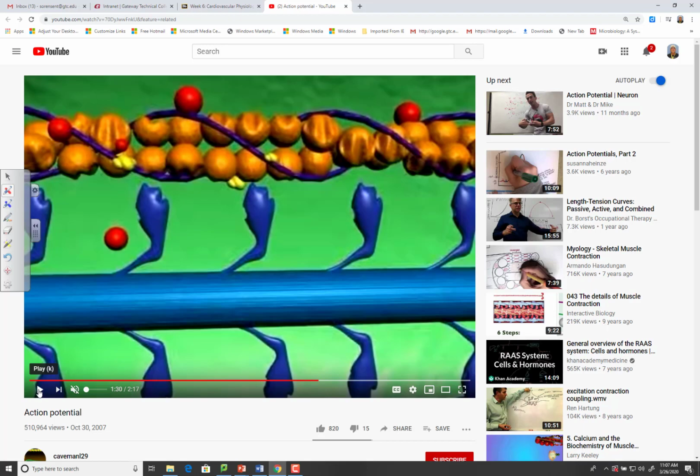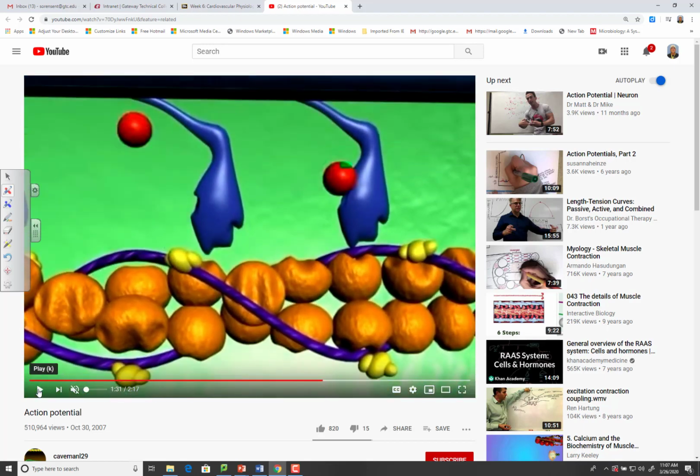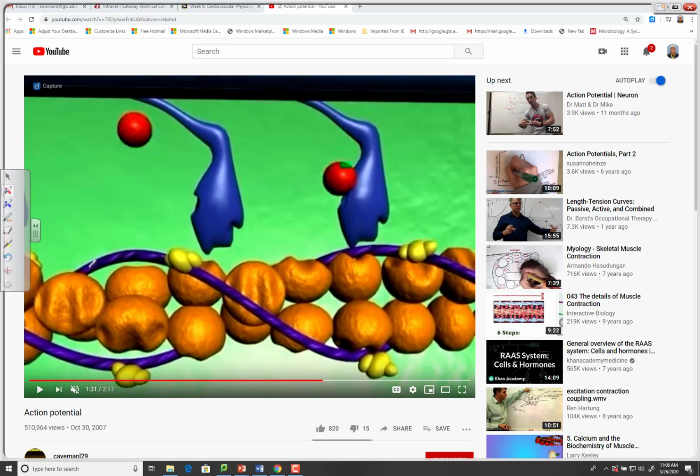Now, when calcium floods in, as you can see, there's this little blue licorice whip. That little blue licorice whip is called tropomyosin.